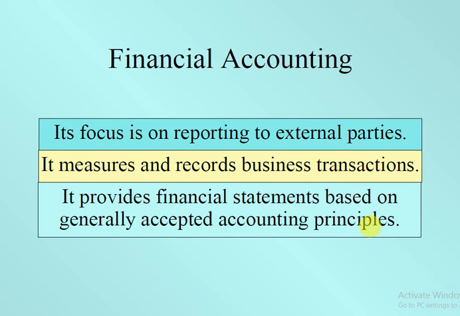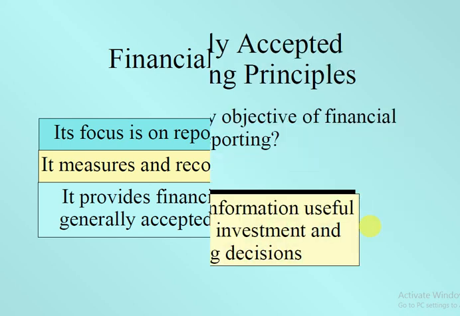These transactions measure and record the impact on the economic entity of the business, and provide financial statements based on generally accepted accounting principles. That's why every statement and every business transaction produced by your accounting information system is to be accurately prepared according to these principles.